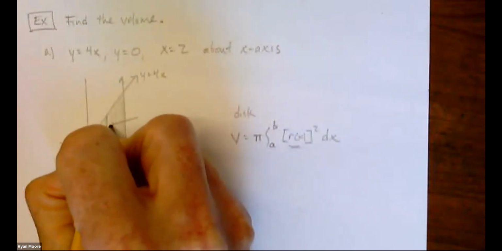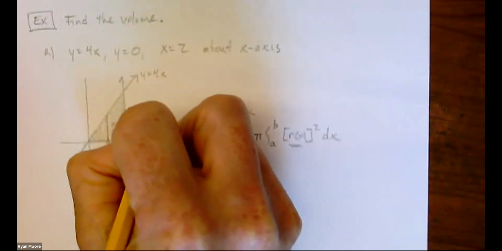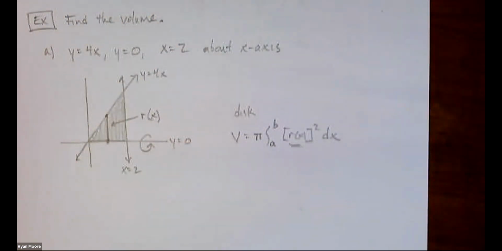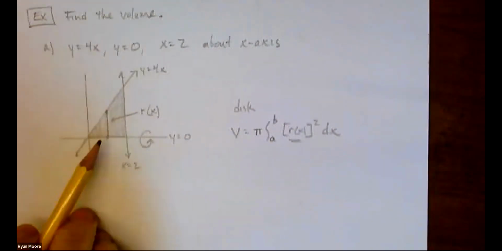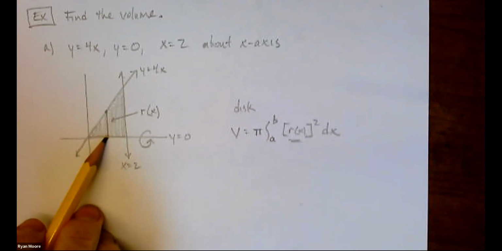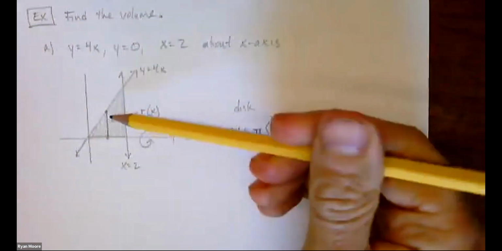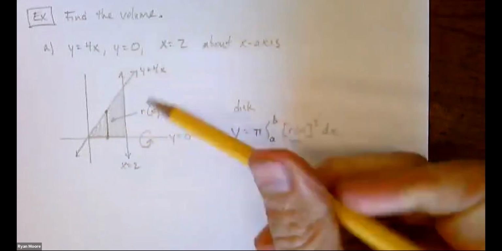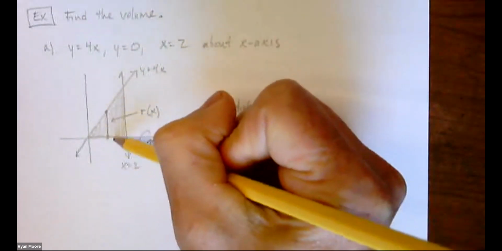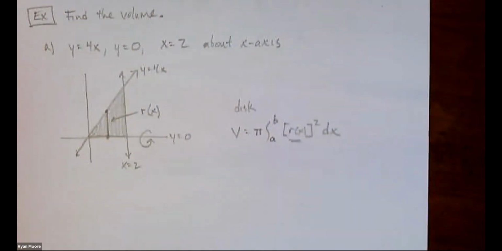This right here is r of x, that distance. Again, start on your axis and then go perpendicular away from it. If it's spinning around the x-axis, then that cross section would be right there.